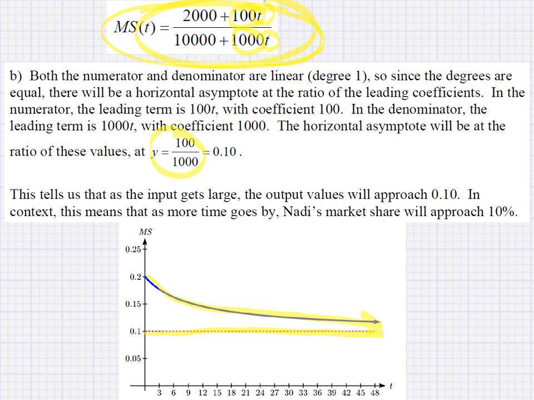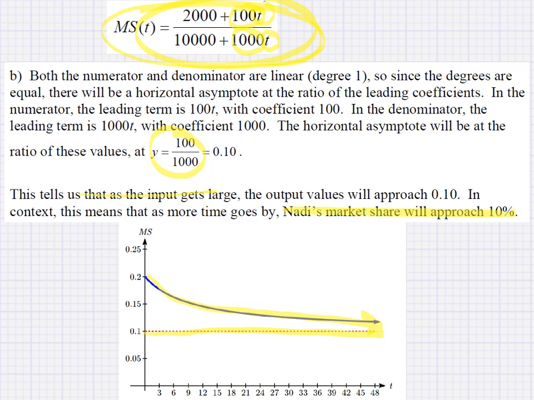So what does that mean in terms of this particular problem? What it means is that if we keep putting in a large input, so if we let the number of months increase more and more and more, and we look at Natty's market share versus the total, what's going to happen is that her market share will get closer and closer and closer to 10%.